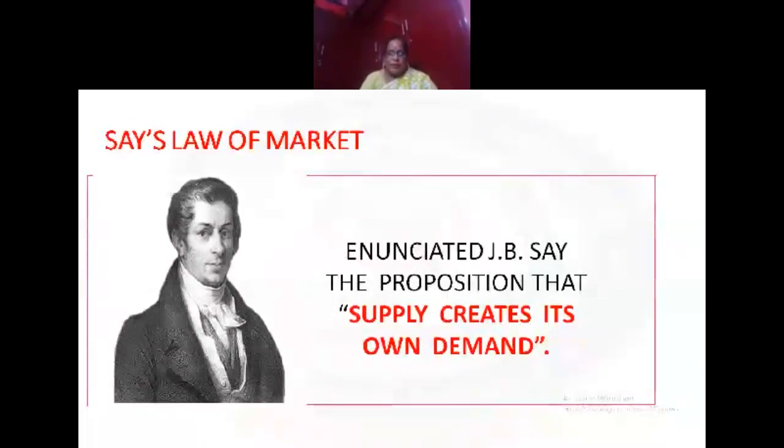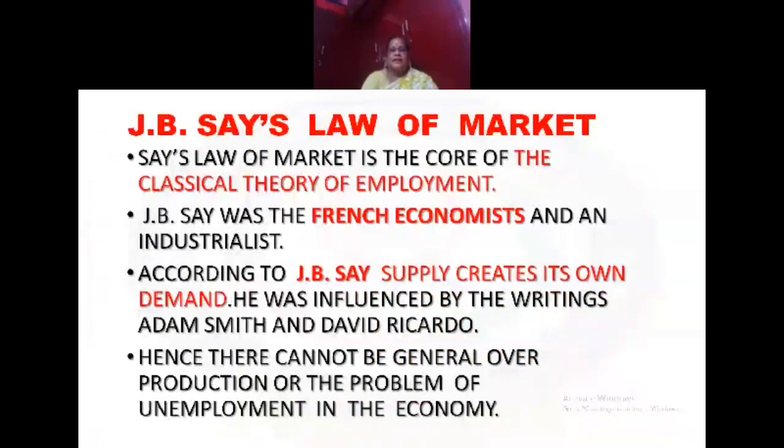Hence, there cannot be general overproduction or problem of unemployment in the economy. He has given clear-cut information about the classical theory. He is a French economist. He has given more importance to the classical theory of employment. He says that supply creates its own demand, and that there cannot be general overproduction or the problem of unemployment in the economy.